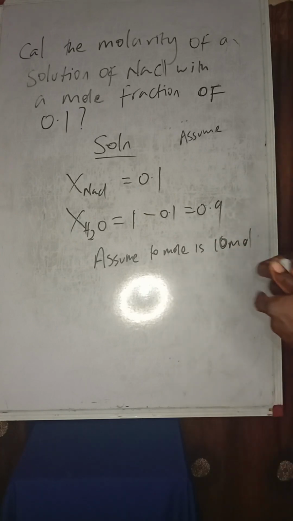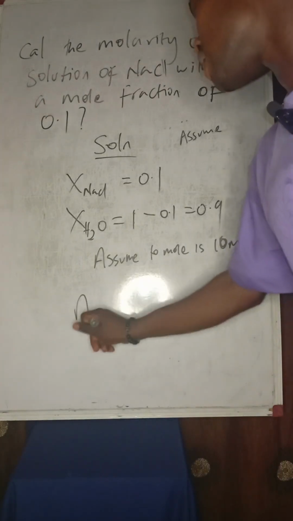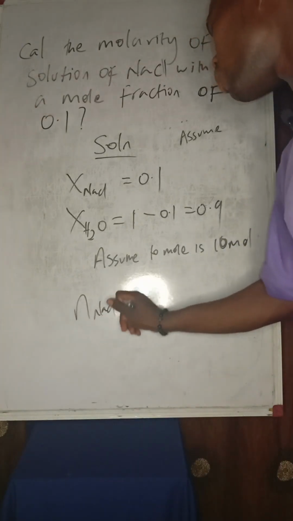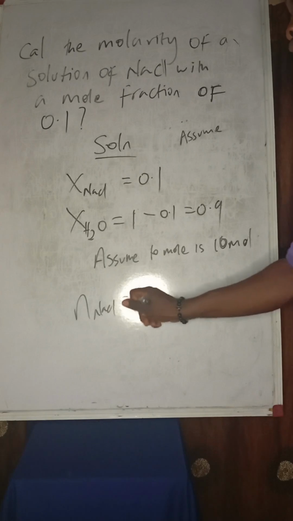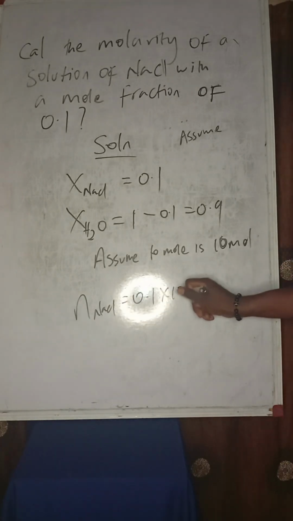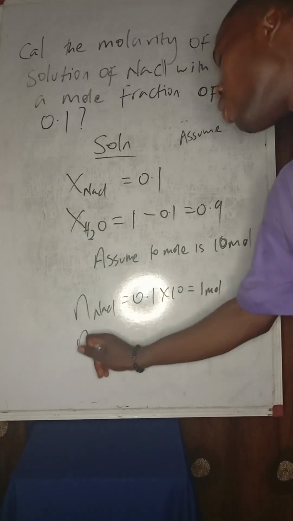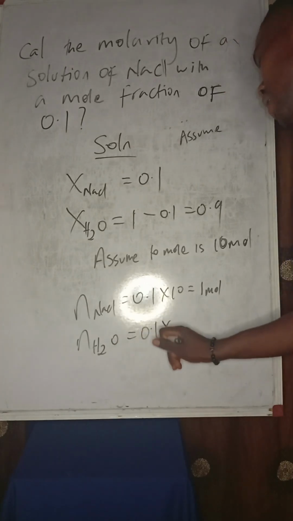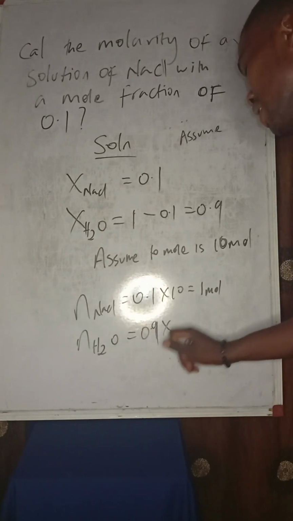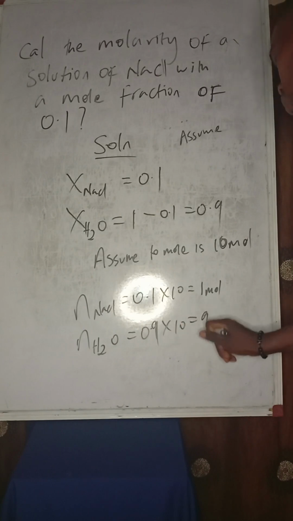If the mole fraction of NaCl is 0.1, it means that the number of moles of NaCl is going to be, fraction is like a percentage, 0.1 times 10, which is 1 mole. Then the mole of H2O will be 0.9 times 10, which is 9 moles. So we get the various moles like that.